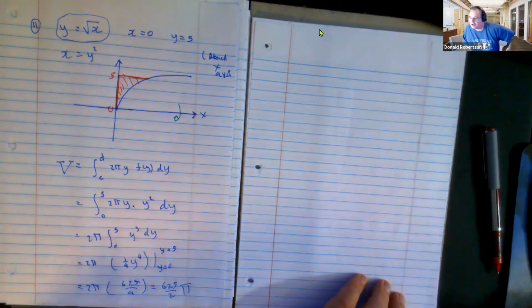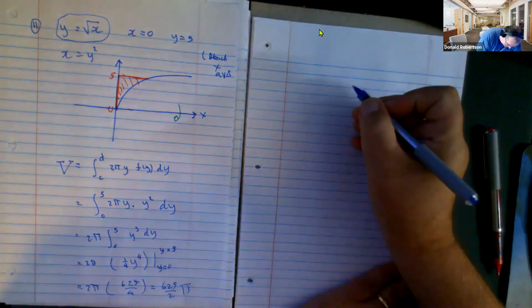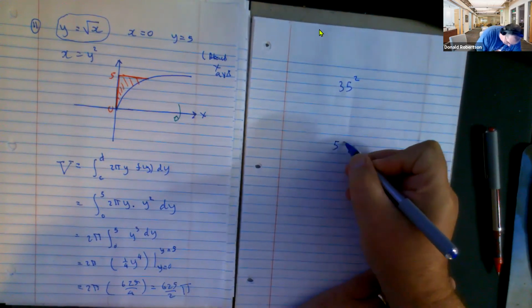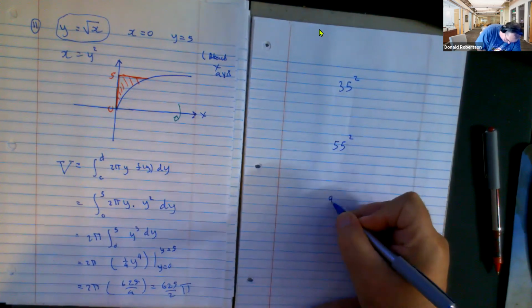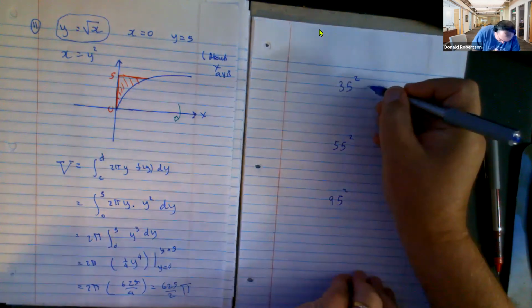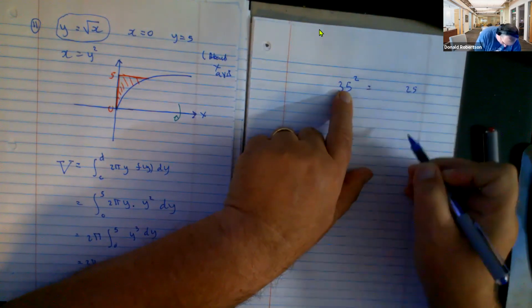If you want to square a number that ends in a 5, there's a trick. You want to see it? Okay. If you want to do 35 squared, 55 squared, 95 squared, for example, the answer always finishes with 25.